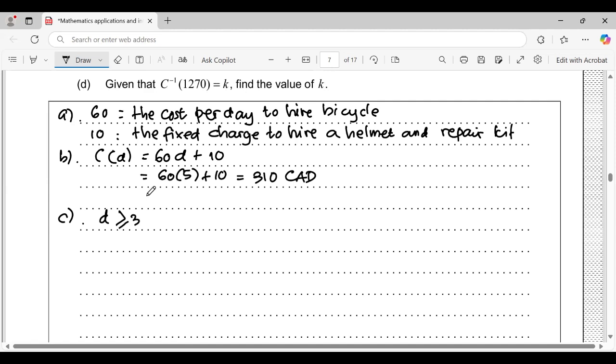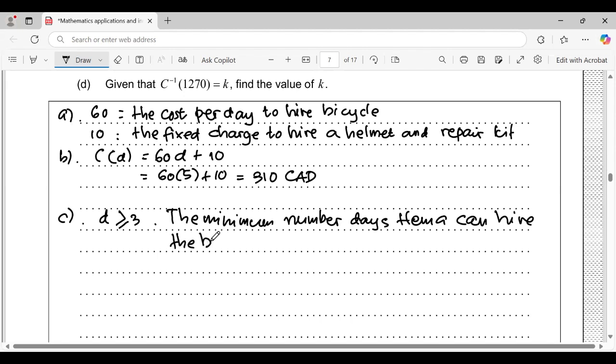So the minimum number of days Hema can hire the bicycle is 3 days, or at least 3 days. Okay. Next, D.